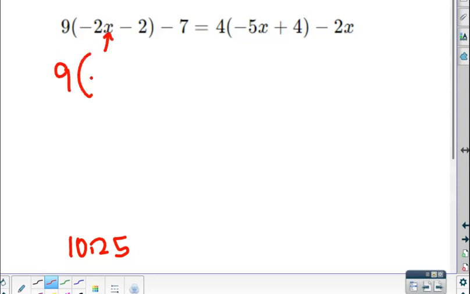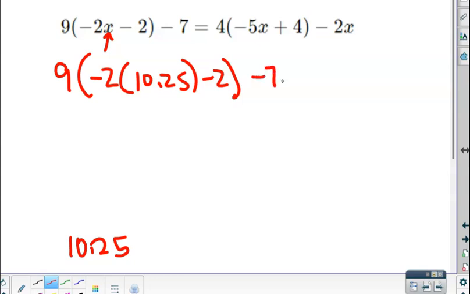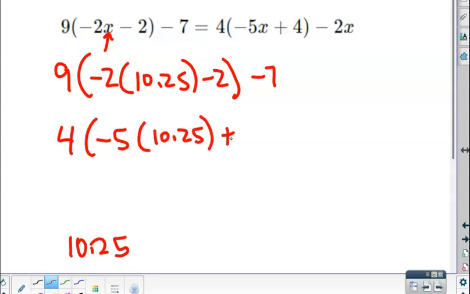So 9 parentheses negative 2 parentheses 10.25 minus 2 parentheses minus 7. I'll do that on one side, and on the other side, I'm going to do it like this. And let's see if I don't get a match.